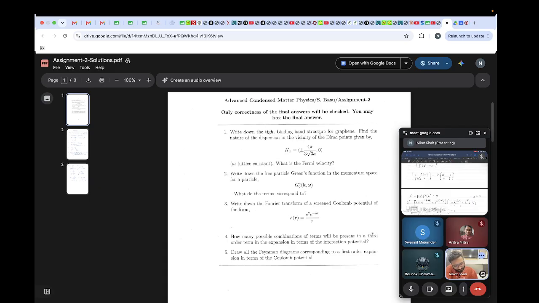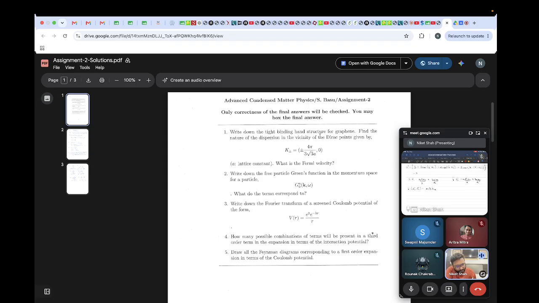So a root 3 kx by 2 plus 3a ky by 2. k dot a2 is equal to minus a root 3 kx by 2 plus 3a ky by 2, and k dot a1 minus a2 is equal to, a1 minus a2 will be what? a1 minus a2 will be a root 3 kx.